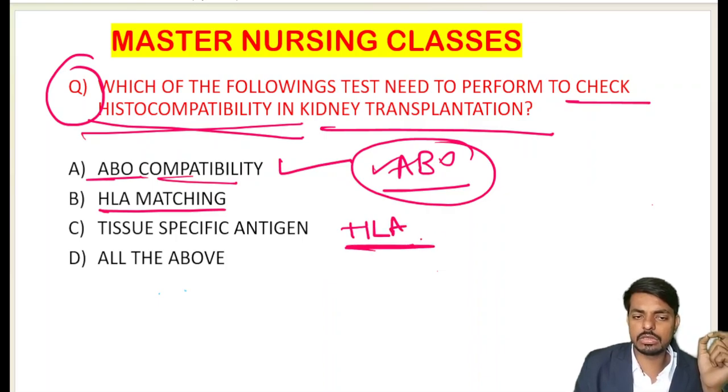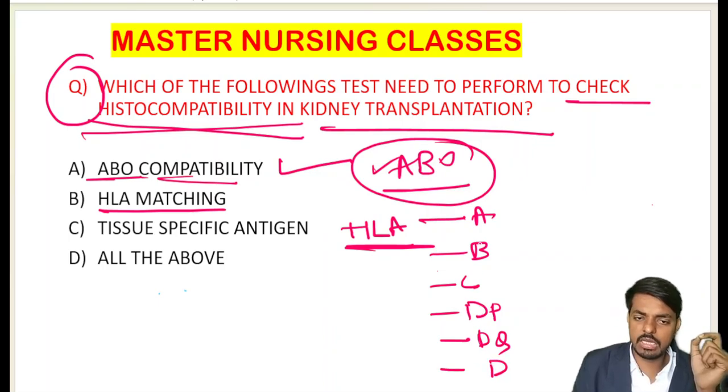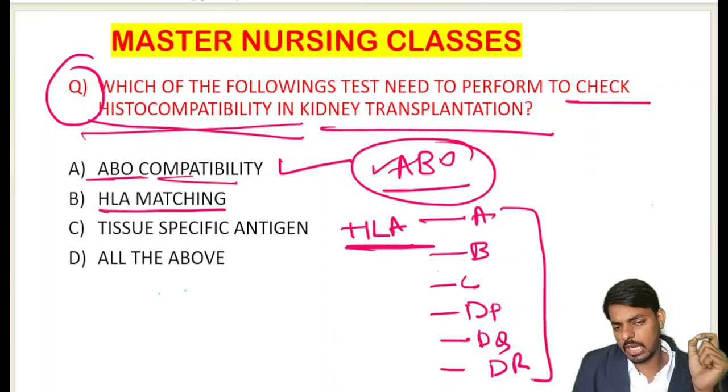Very important, students: we have six types of HLA, that is HLA A, B, C, DP, DQ, and DR. So we have six types of HLA antigen.